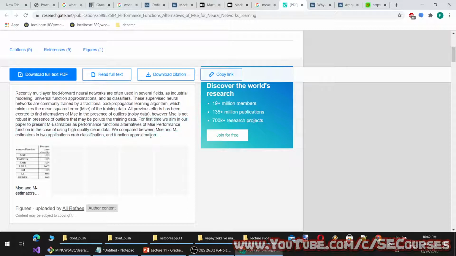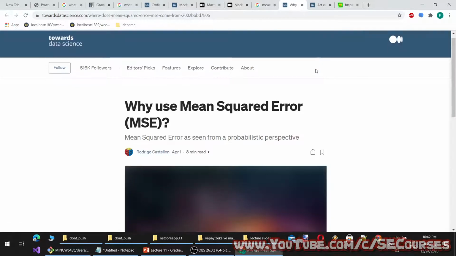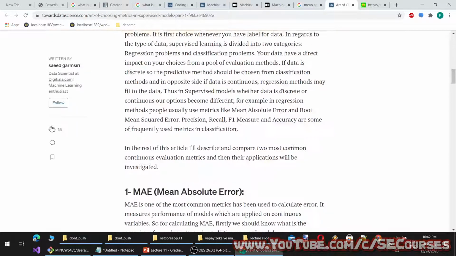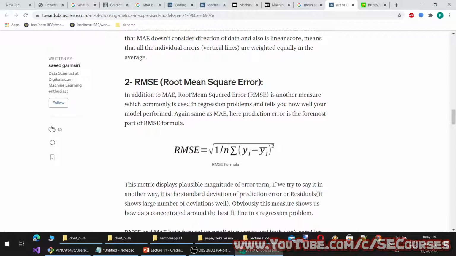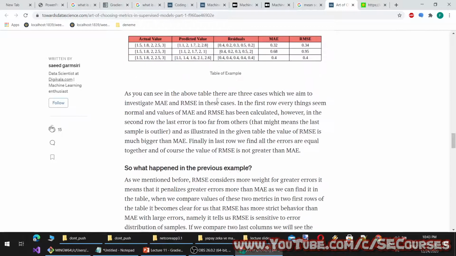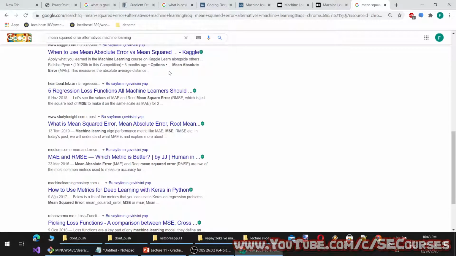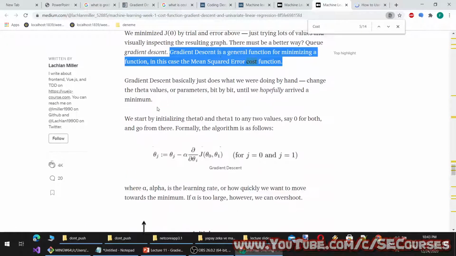There are mean absolute error also, root mean squared error, and other ones. You can also see other metrics. You see how to use metrics for deep learning. You can use other metrics as well. It is not the topic right now.